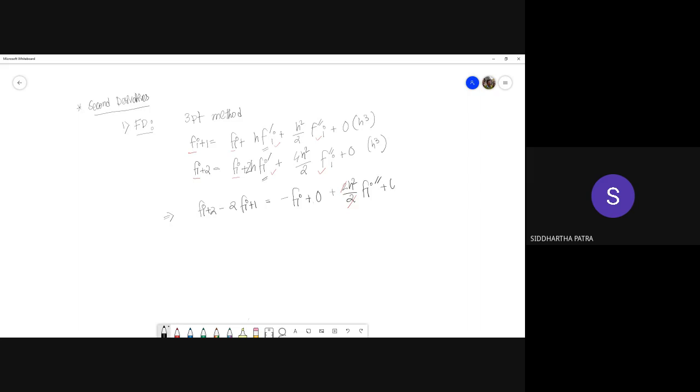Achha, by the way, there is order h cube, of course. So in the end, you have this formula: fi double prime, that is the second derivative of f evaluated at xi, approximately is fi plus 2 minus twice fi plus 1 plus fi divided by h squared.